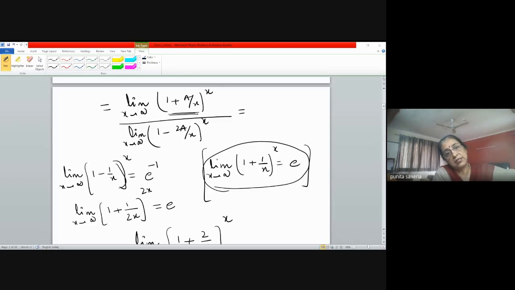Let y equal to this, then take log on both the sides, then take the limits, and then whatever is the final answer, e to the power that will be your answer, right?